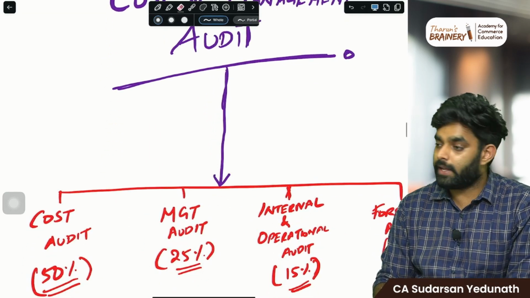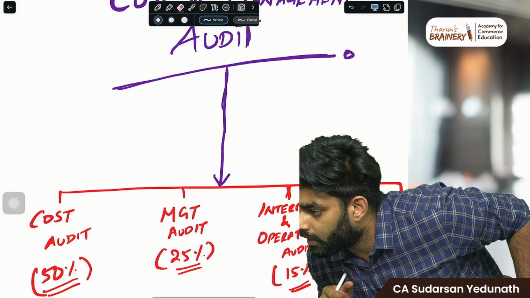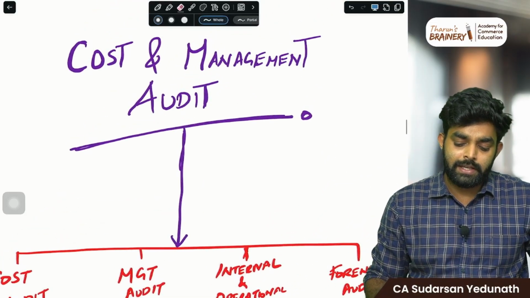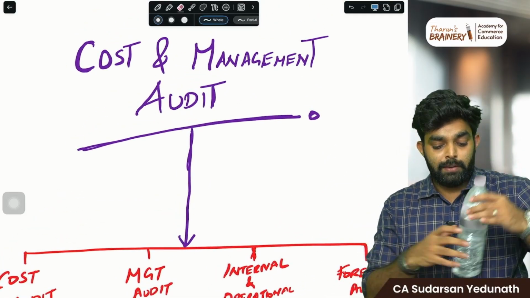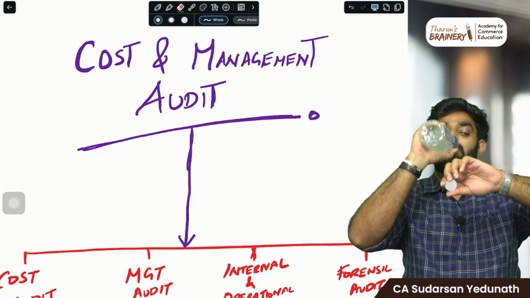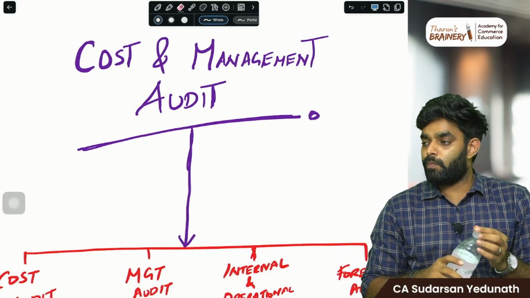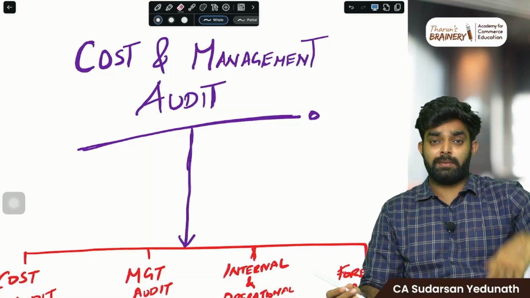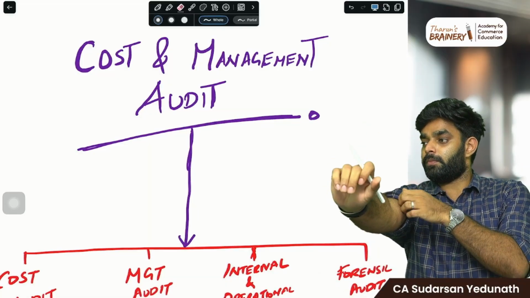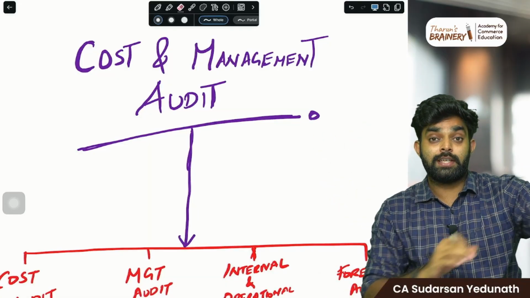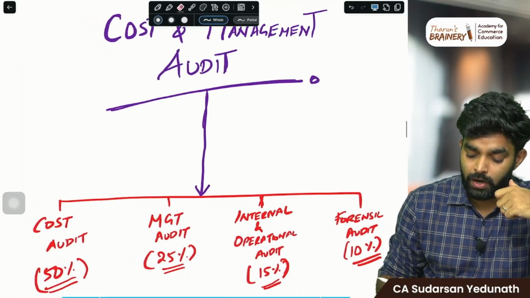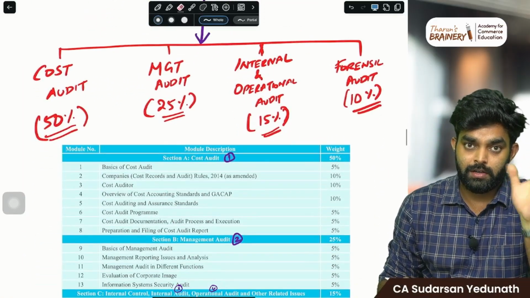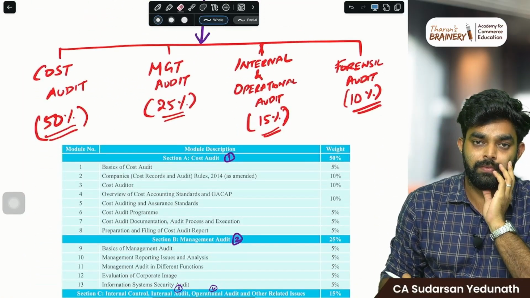So now let's take a look at the subject, cost and management audit. What do you need to understand from this? What are the topics coming under cost and management audit?